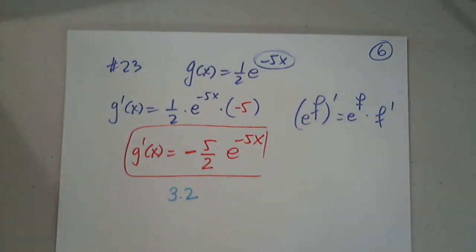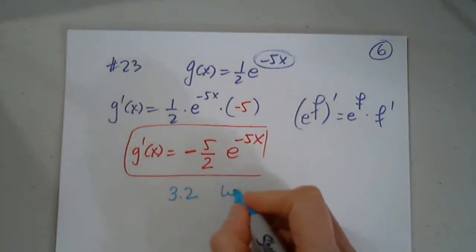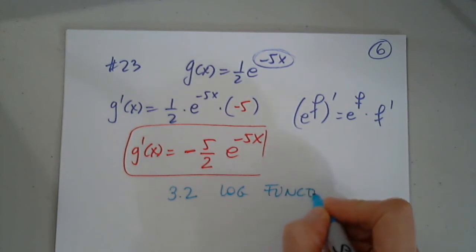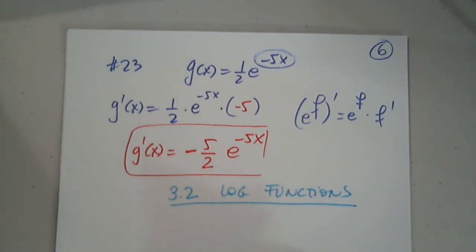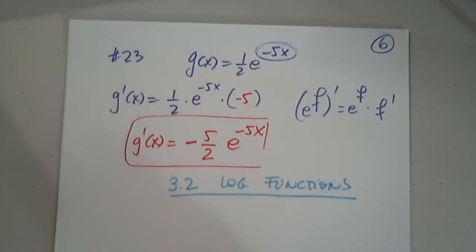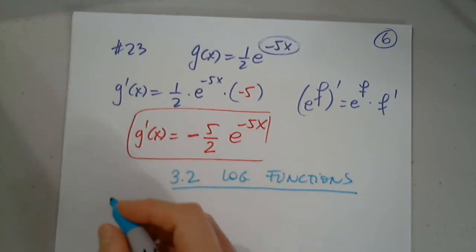Just to make sure it's clear. So log functions. We already graphed them at the beginning on page 2, and we also discussed the major properties. So let's go directly to differentiating.